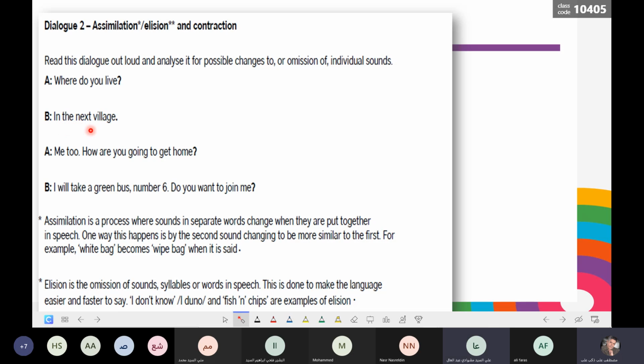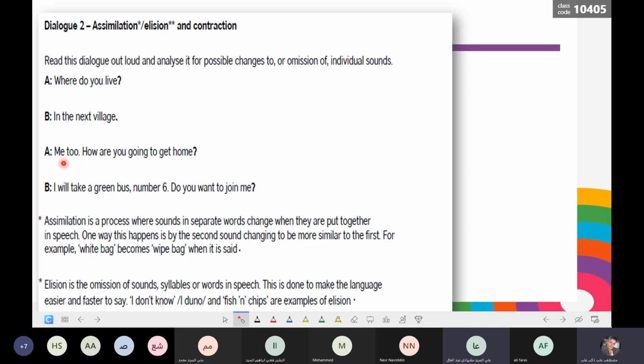In the next village, we would say "in the nex village"; we can drop the t sound, and this is elision. Okay. I hope I haven't confused my colleagues, but I think that's correct, God willing.